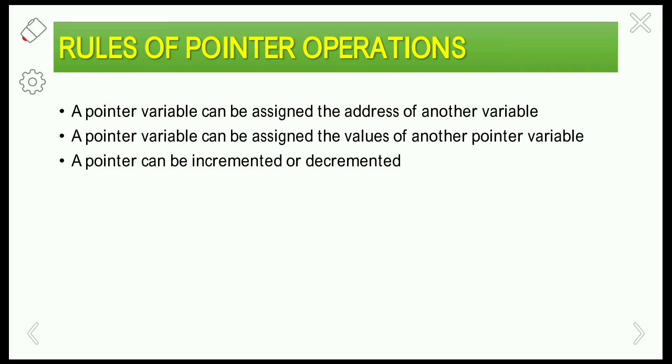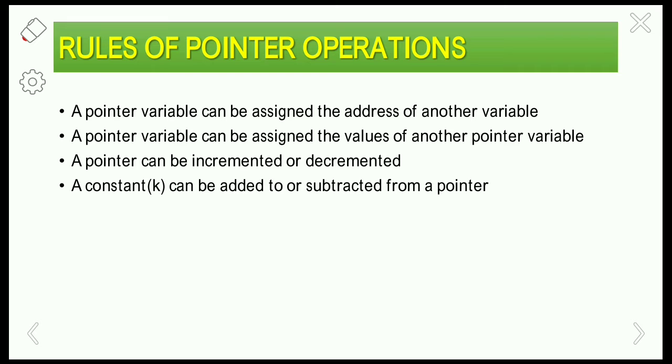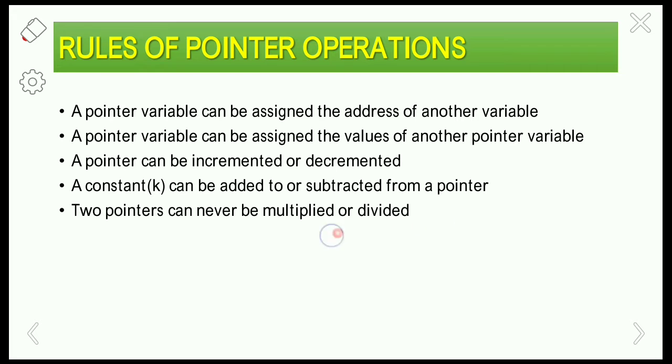A pointer can perform increment and decrement operations. A constant k can be added to or subtracted from a pointer. You can add a constant value to the pointer, or you can subtract a constant value from the pointer. And two pointers can never be multiplied or divided. So we cannot perform these arithmetic operations on pointers.